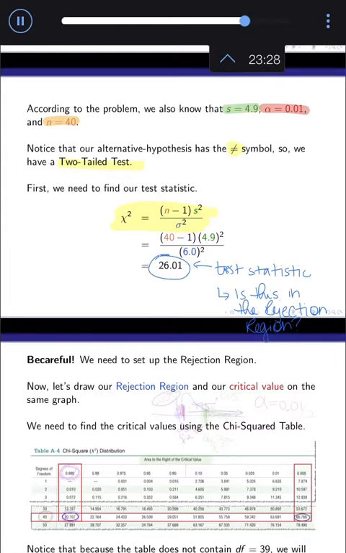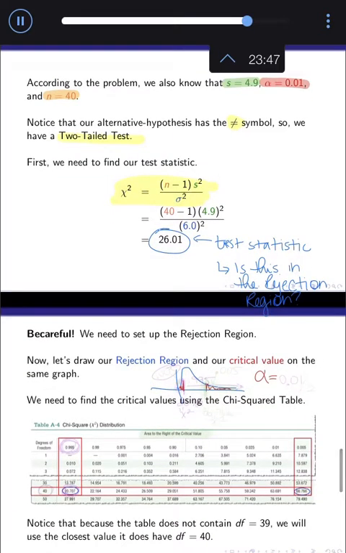Let's come up with our rejection region. If we have our picture, I could draw a little picture here. And remember that the chi-squared graph is a skewed graph, best I can do there. And we have a two-tailed picture. Remember, our alpha was 0.01.